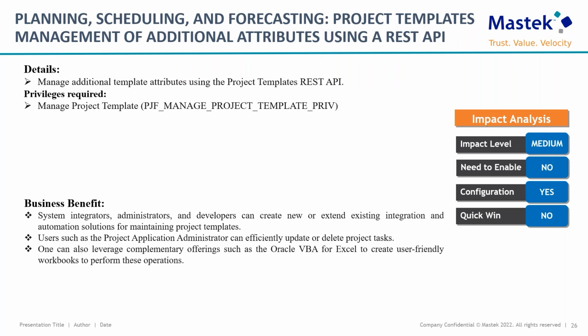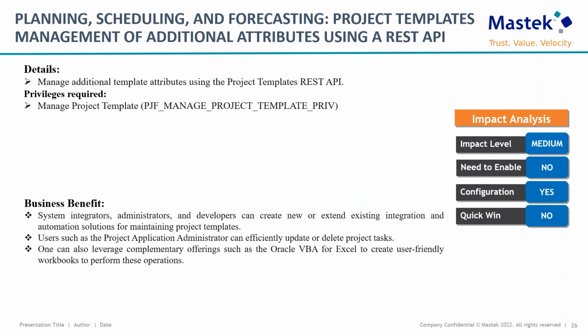Okay, let's move to the next feature, which is from planning, scheduling, and forecasting. The name of the feature is Project Templates Management of Additional Attributes using a REST API.